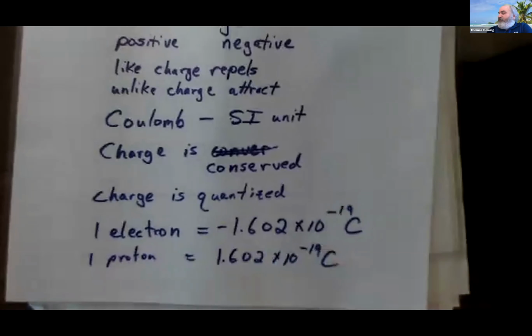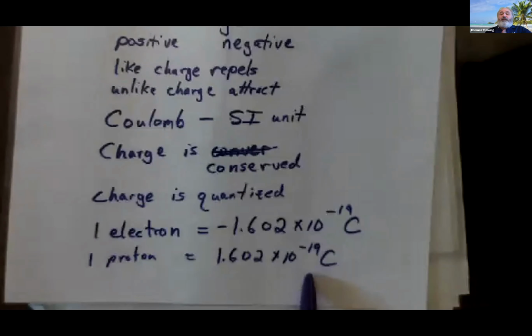And what's going to happen is, since this number is so dinky, if I have 5 microcoulombs, that's a super tiny number of coulombs. But 5 microcoulombs is still going to end up being in the tens of billions of electrons. So usually we don't worry about the quantization for the most part, but we do know at the bottom that it's there.